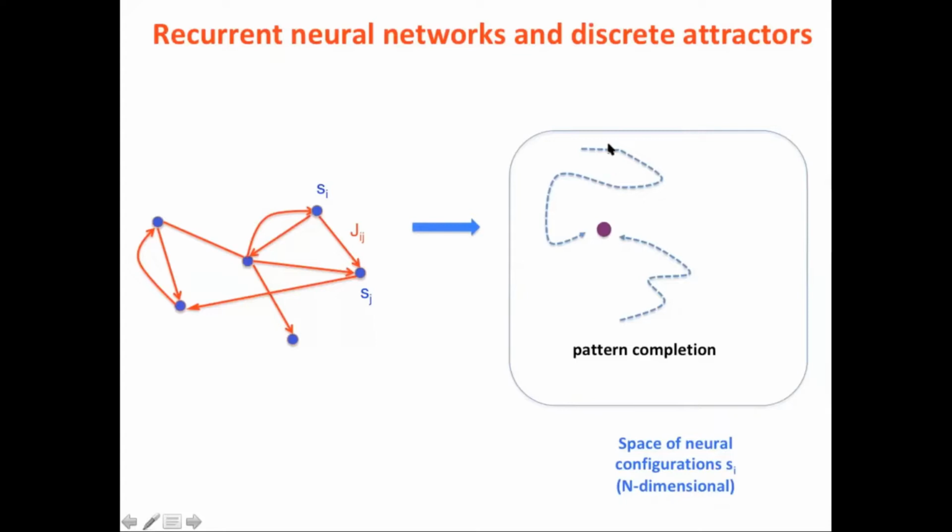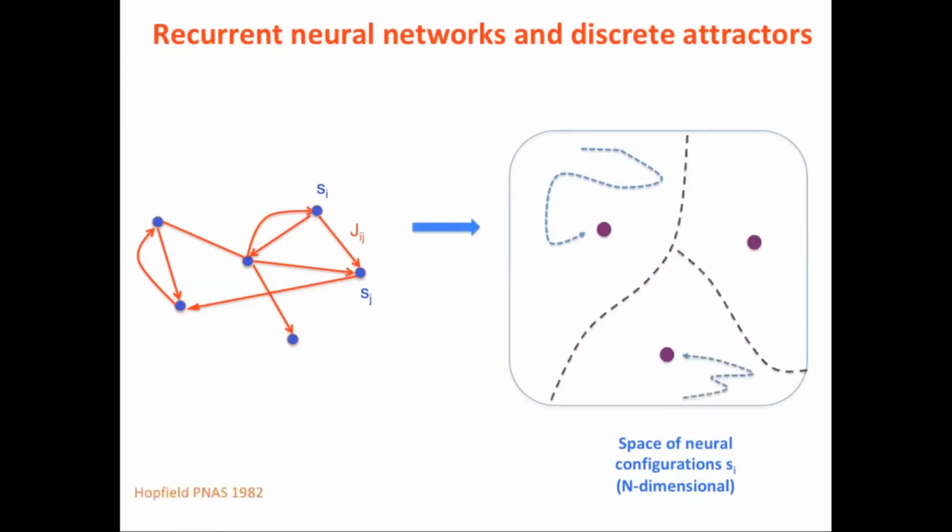So starting from any initial condition, the long-time dynamics will converge toward this attractor. This initial condition can be, for instance, some pattern of activity where some elements are disrupted by noise. This phenomenon of convergence is called pattern completion in computational neuroscience.